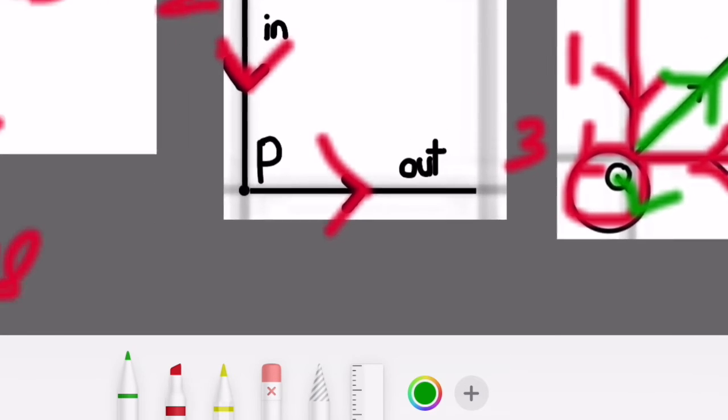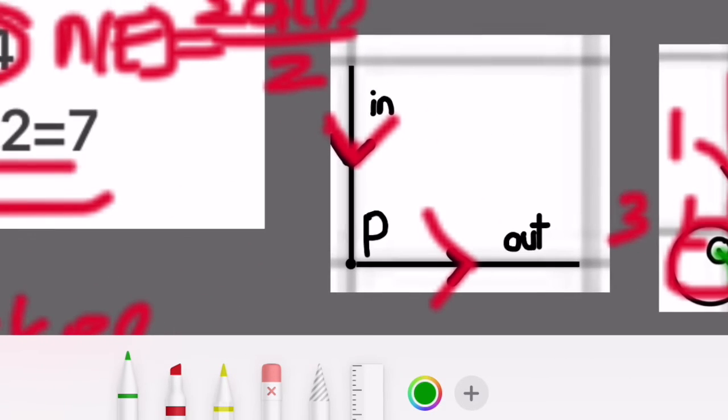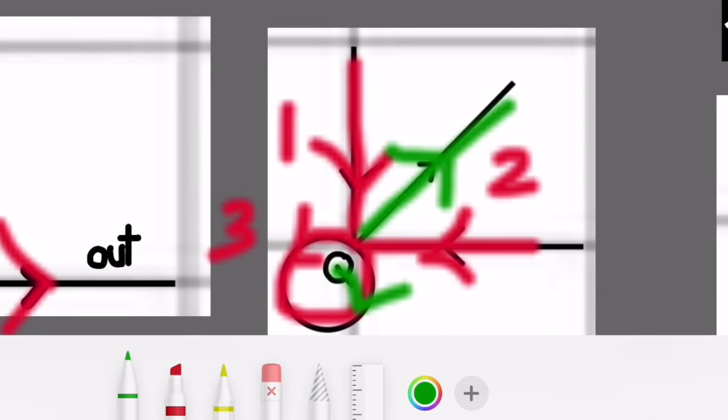So it's D in. This one is clockwise. The red one is considered in. This is called out for a loop, right?